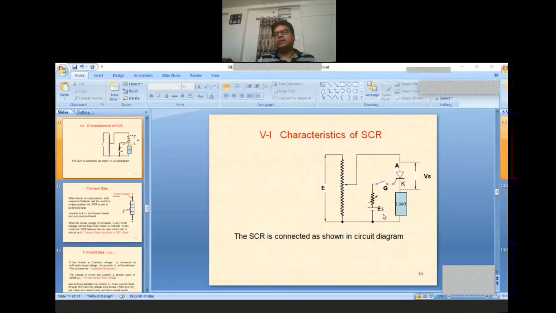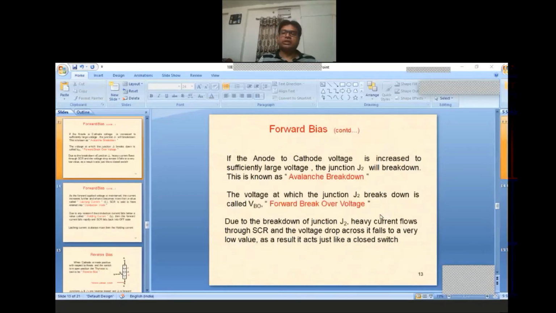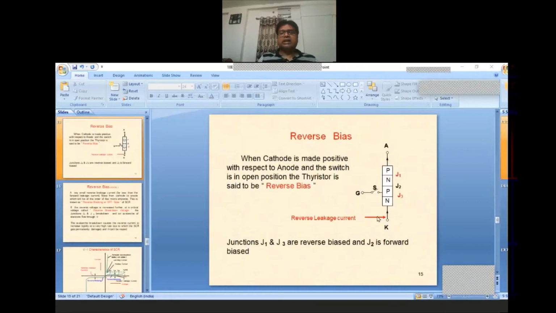The positive voltage is very less, around 1 to 2% or maximum 5% of the applied voltage, and that too just for some moment. It is not a continuous voltage. You can just see it as a triggering pulse.